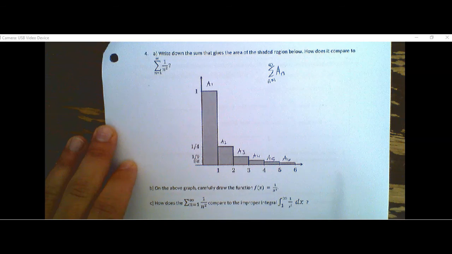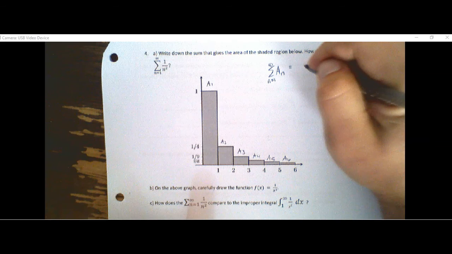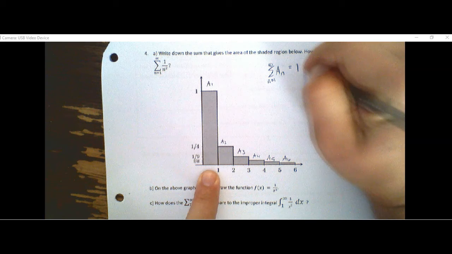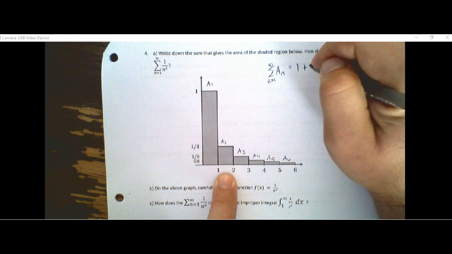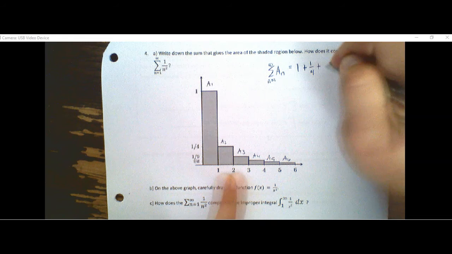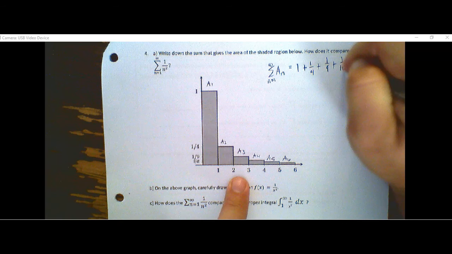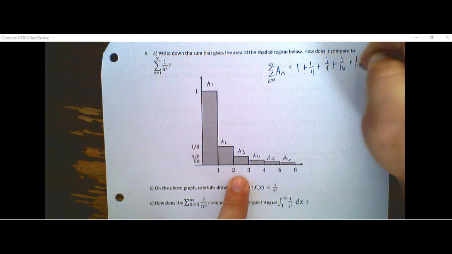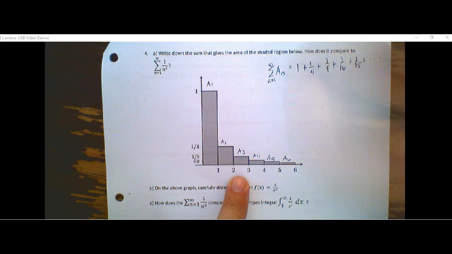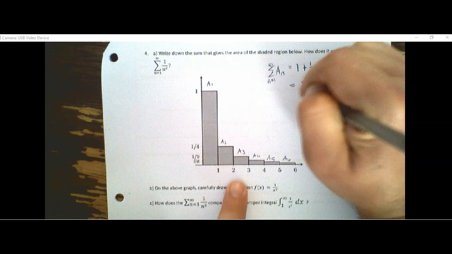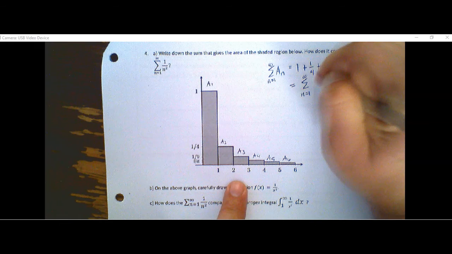Again, we're assuming that this goes forever. The first one is 1 plus the second one looks like 1/4 plus 1/9 plus 1/16 plus 1/25 and so on. So that's exactly equal to that series, right? The area and the series are the same.